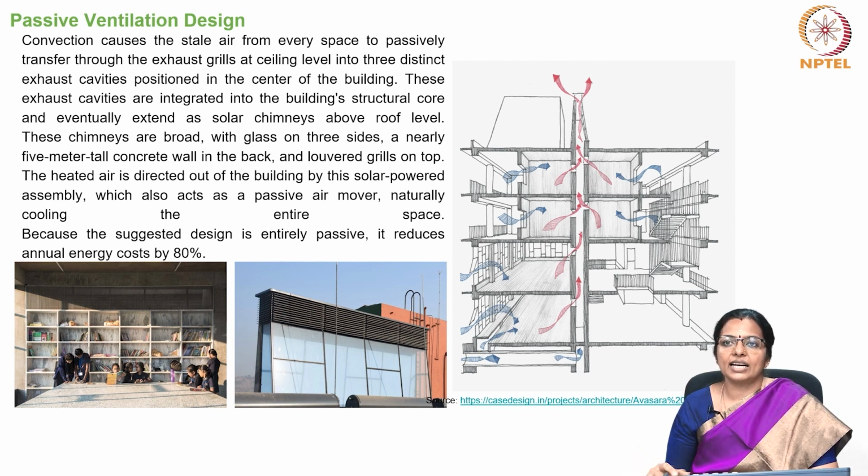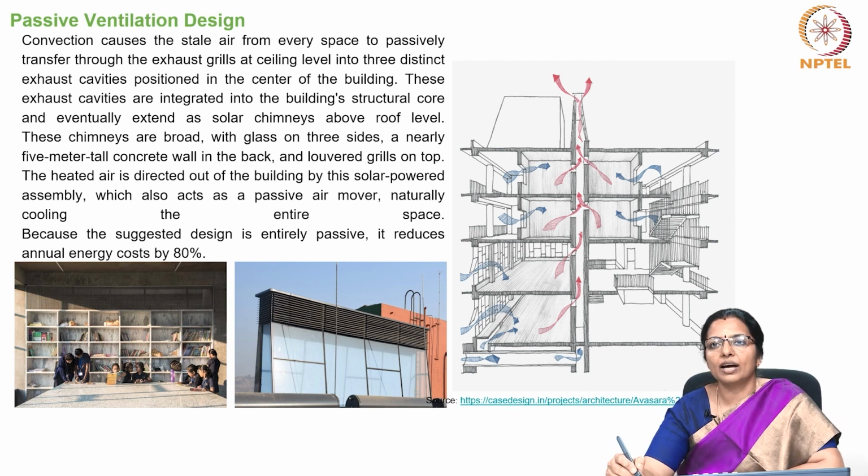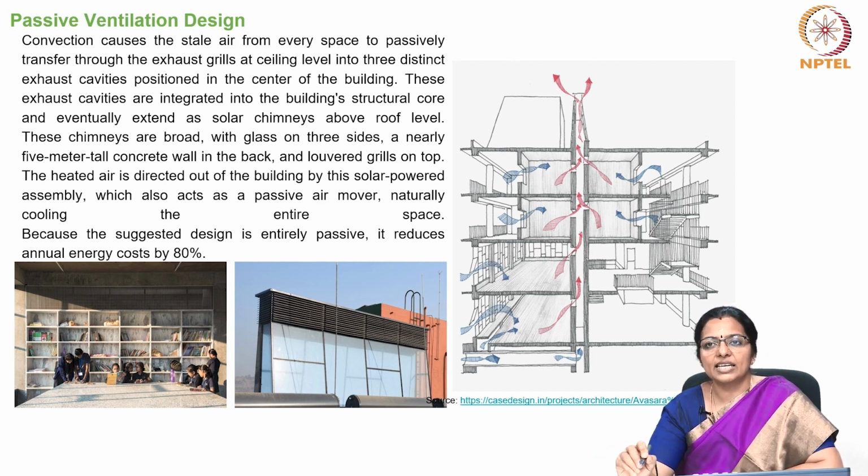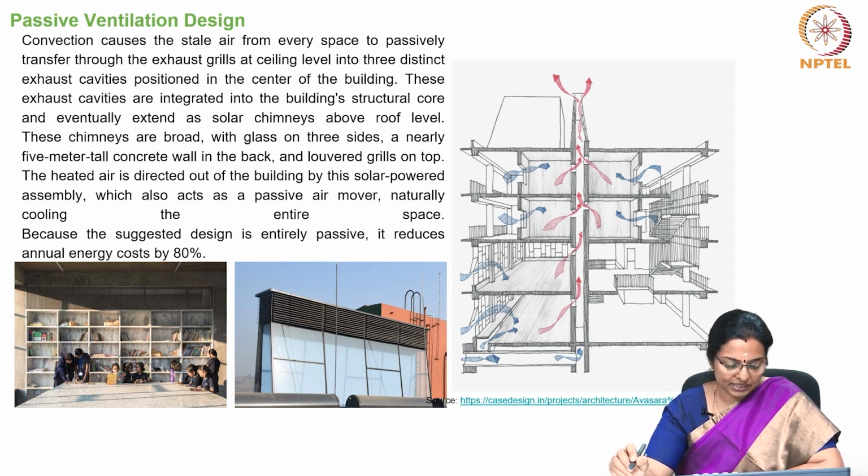The heated air is directed out of the building by this solar powered assembly, which also acts as a passive air mover, naturally cooling the entire space. Because the suggested design is entirely passive, it reduces the annual energy costs by 80%.